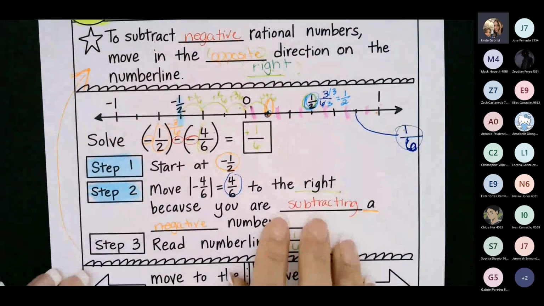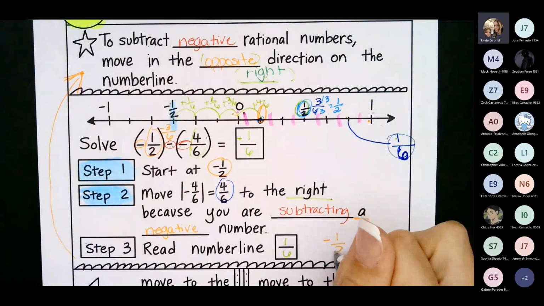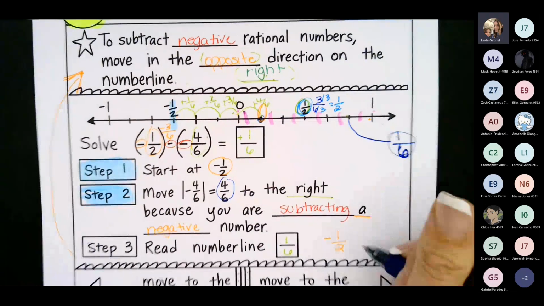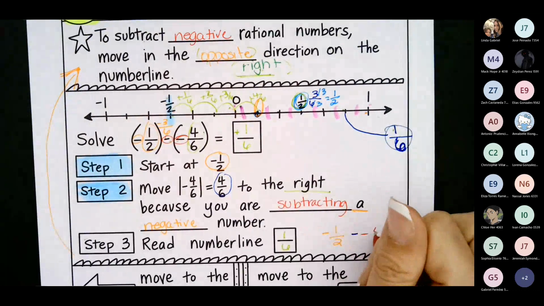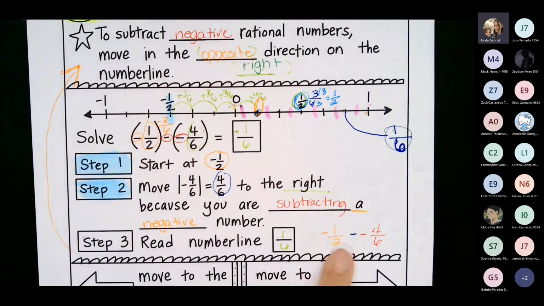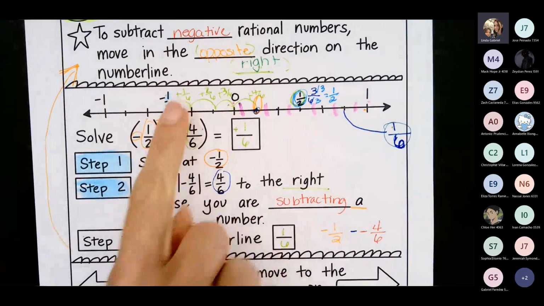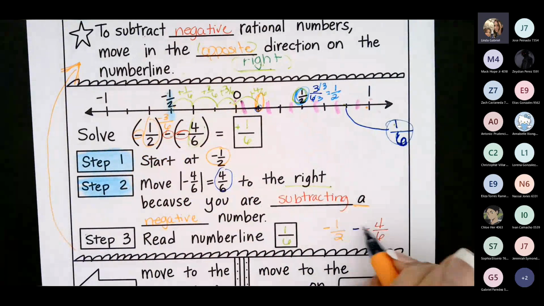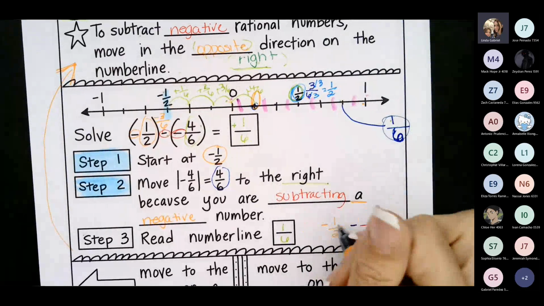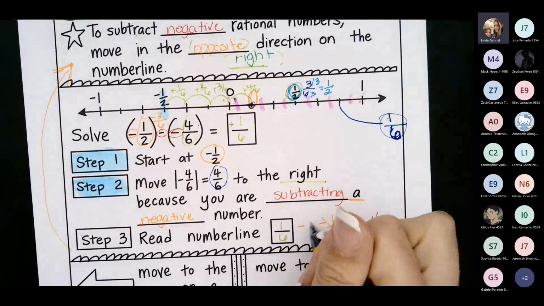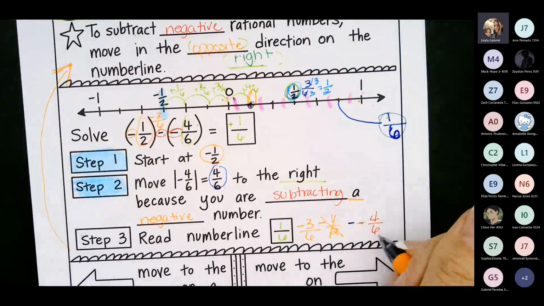I'm going to show you again on this example. I started with a negative half, and then I needed to subtract negative 4/6. My denominators aren't the same, but I already figured out that my negative 1/2 was the same as negative 3/6, and that has the same denominator as my 4/6. So let's just switch this to negative 3/6 minus negative 4/6.